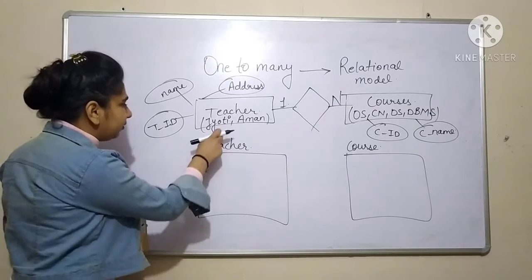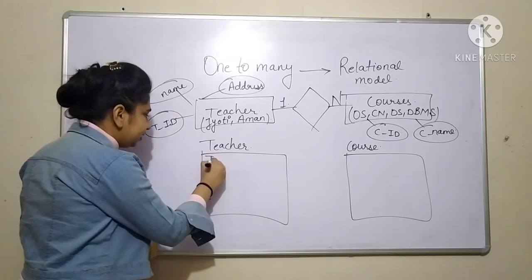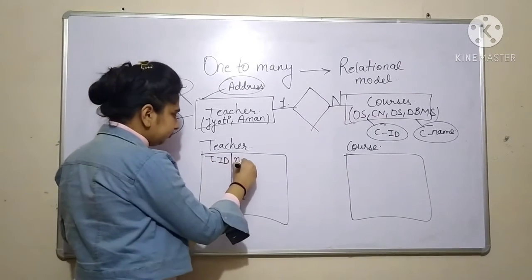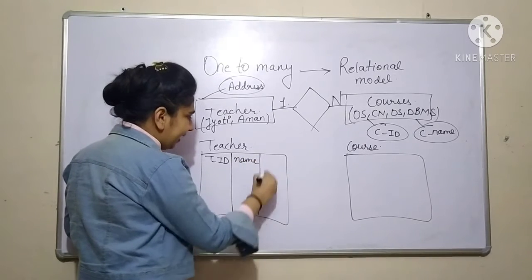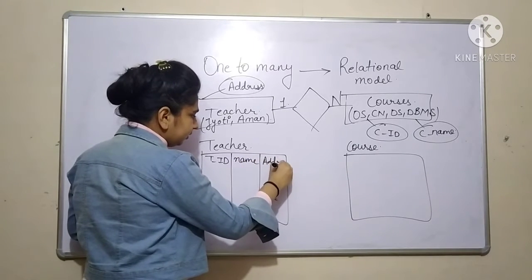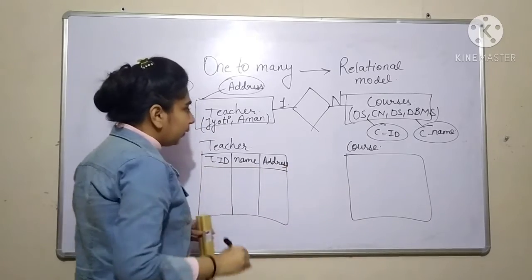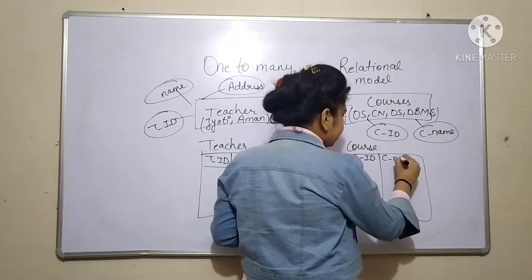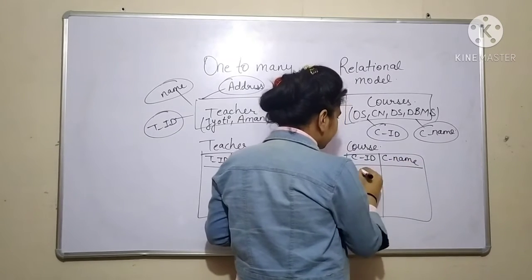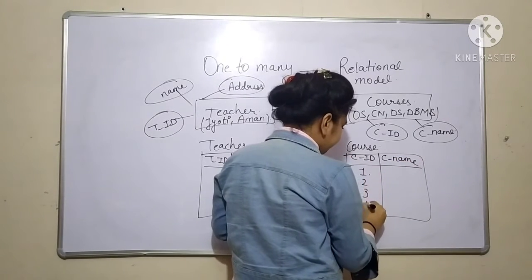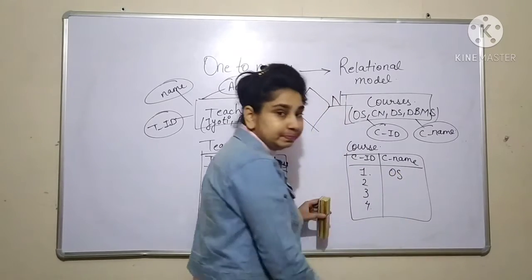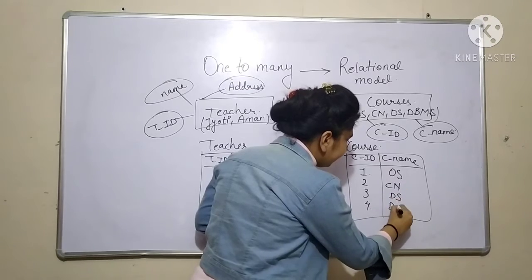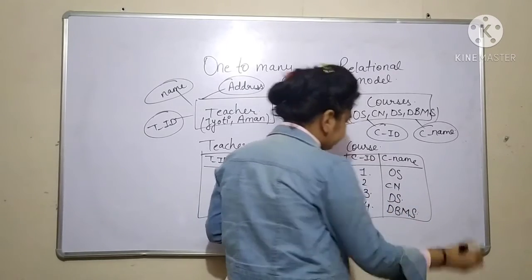Now let me write the attributes of teacher: teacher ID, name and address. In the course table we have course ID and course name. Let's suppose we have 4 courses: operating system, computer networking, data structure and DBMS.